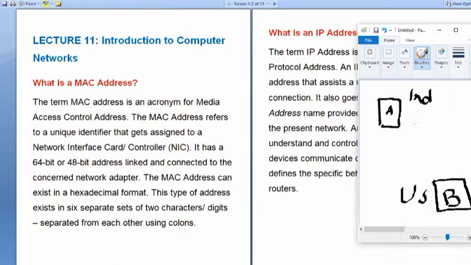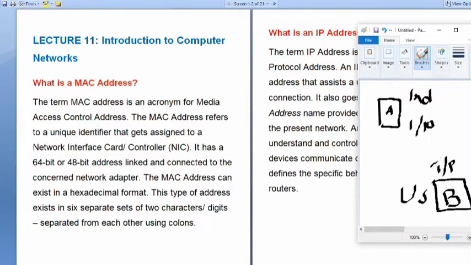Obviously this will have a different IP and this will have a different IP address. Now there may be many devices like this.